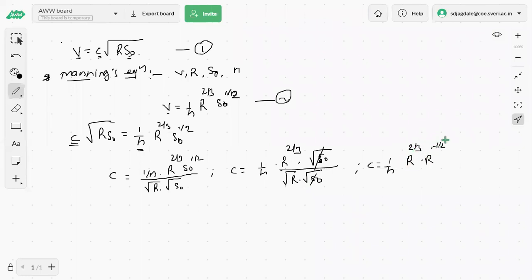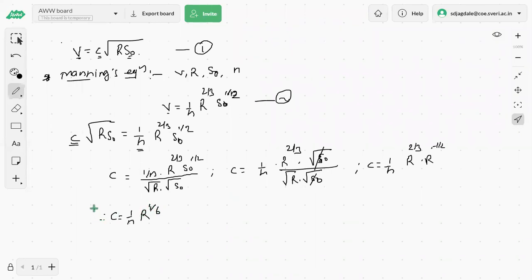Is it correct, whatever I have written here? Yes, sir. Then rearrange the terms. So C is equal to 1 by n into R raised to what power? 1/6, that is correct.